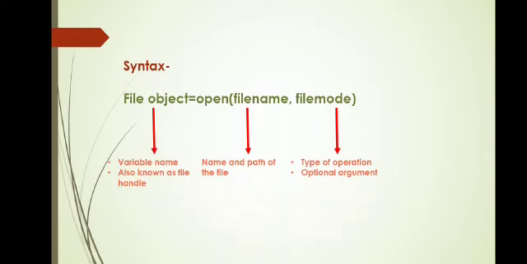So file object or file handle is nothing special, but it is a variable which is referring to the file. Once you have created this link between the Python program and the file, whenever you require this file after this step, you are not going to use the name of the file, but you are going to use the file handle.